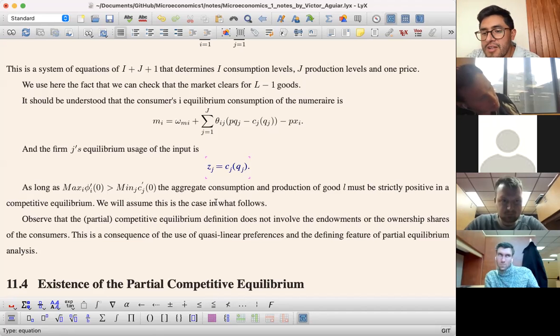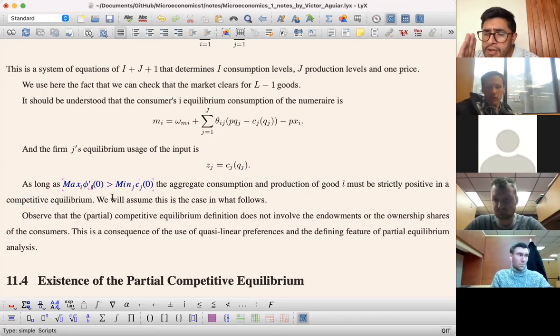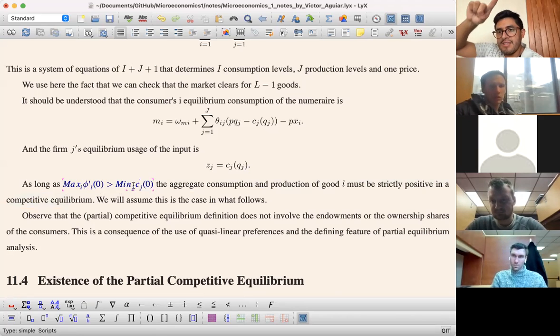And here, the minimal condition for existence is this. You take the maximum over all individuals, hence over i, of the first derivative of the utility, the marginal utility, evaluated at a consumption of 0. And then if this is greater than the minimum over all firms of the marginal cost when you're producing 0, this in other words means that the demand curve is above the supply curves, right?